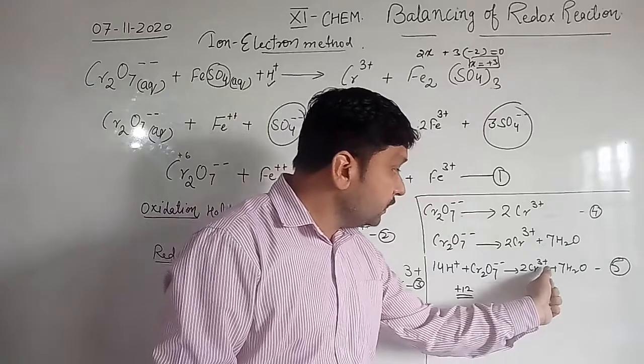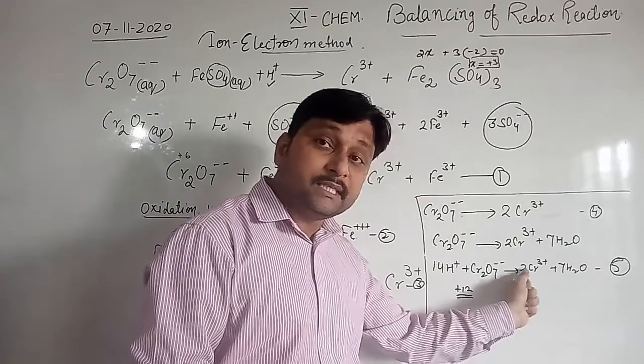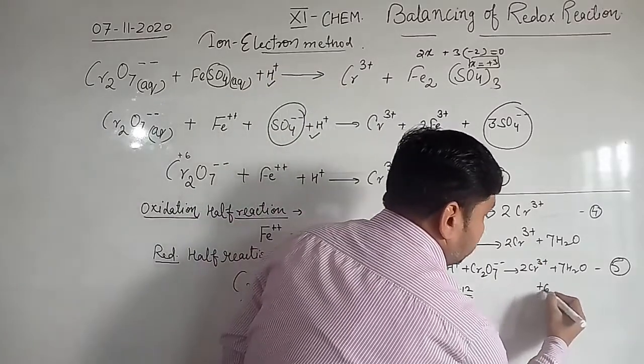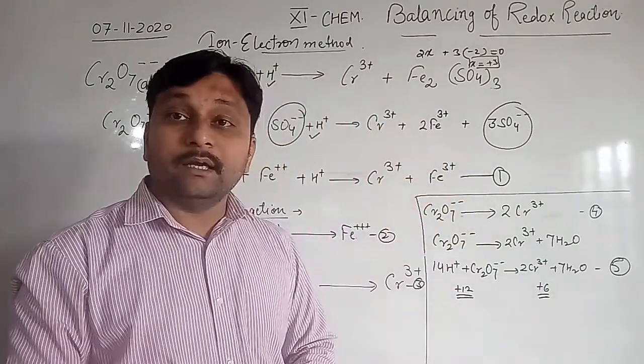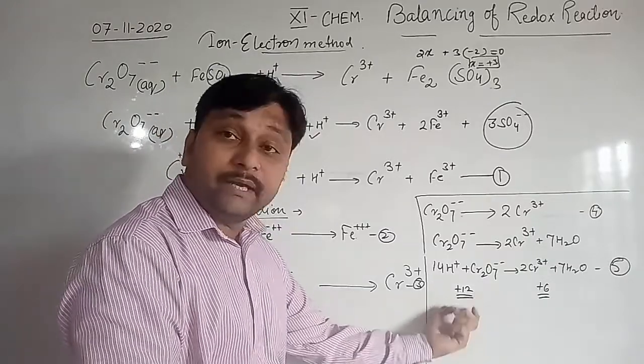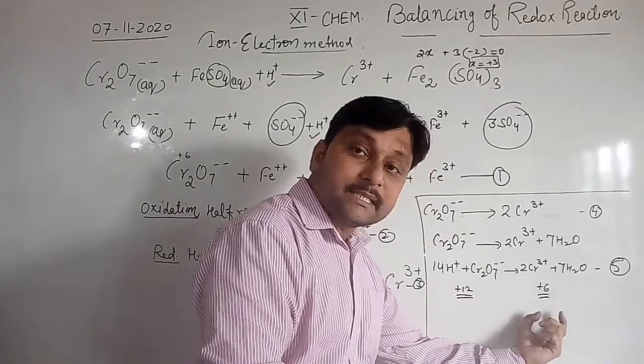Now 3 positive and how many chromiums are there? 2. It means this side 6 positive. Clear? So in the reactant side, 12 electrons are less. In the product side, 6 electrons are less.